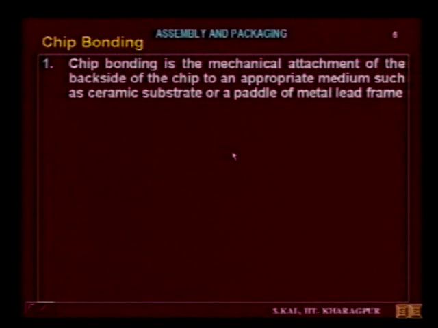Now first I am switching over to chip bonding. Chip bonding is basically fixing the die or chip onto a substrate material, and this substrate material is the base of the package, we can say. That package may be made of plastic or ceramic coated with some metal film.